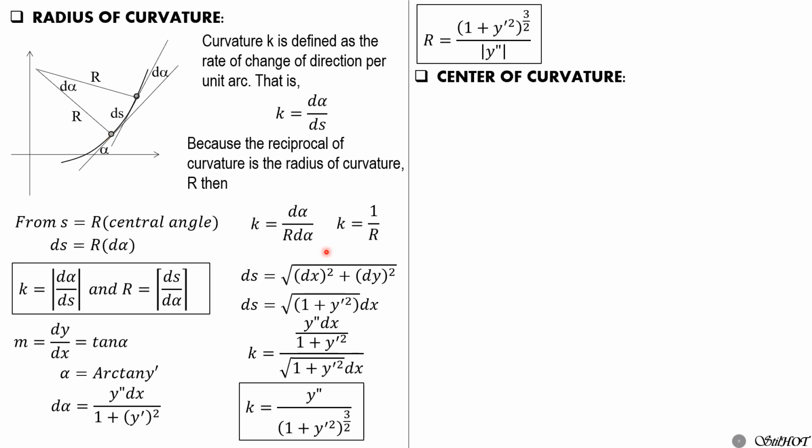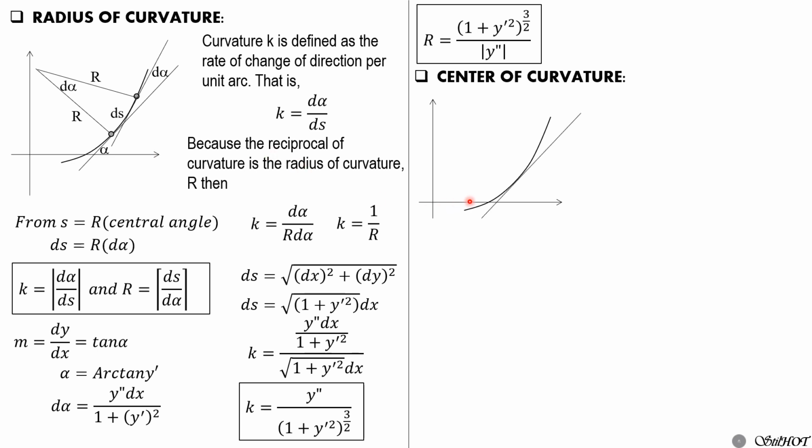So that means h is x1, then minus, because it's going to the left, r times the sine of this angle, so sine of alpha.